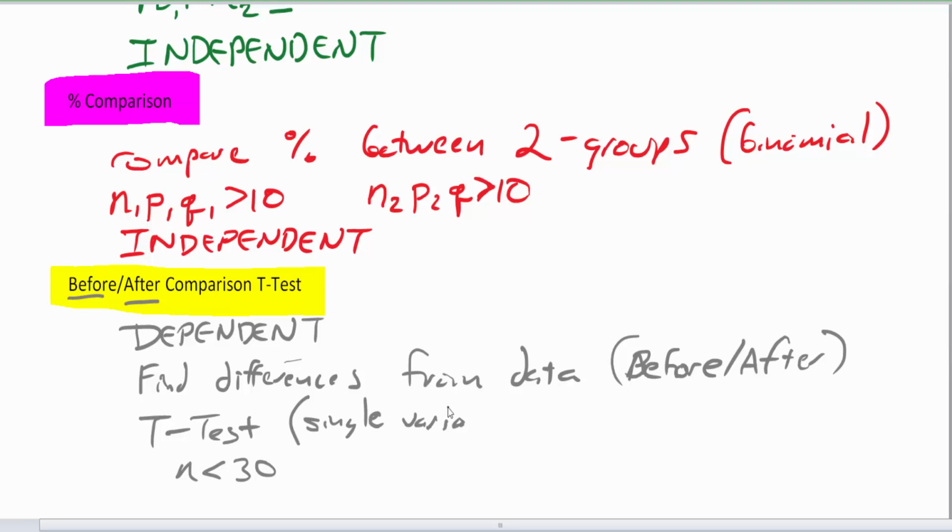Which is a little kind of tricky, since by the time you get to this section in the book, you're going to realize that all I've been doing are these 2 sample tests. But this is technically going to be a 1 sample test, because we're doing a before and after of a dependent group. So even though the chapter heading says hypothesis testing with 2 samples, it's really sampling the same group twice. I know it's tricky wording, but it still fits.